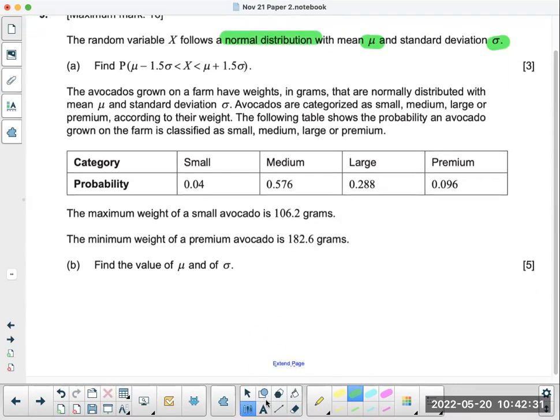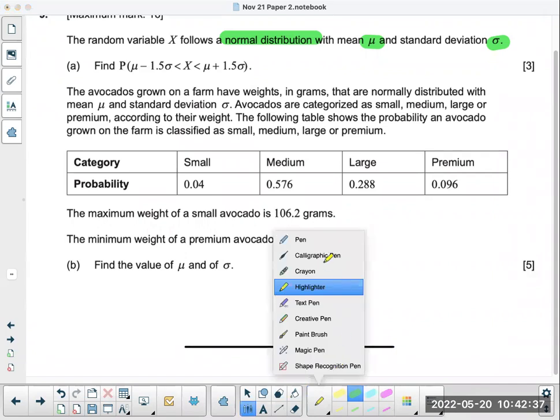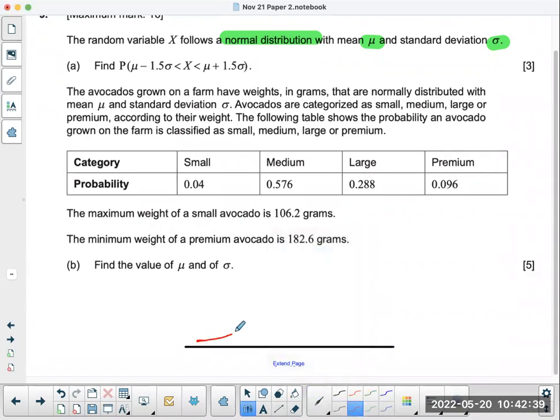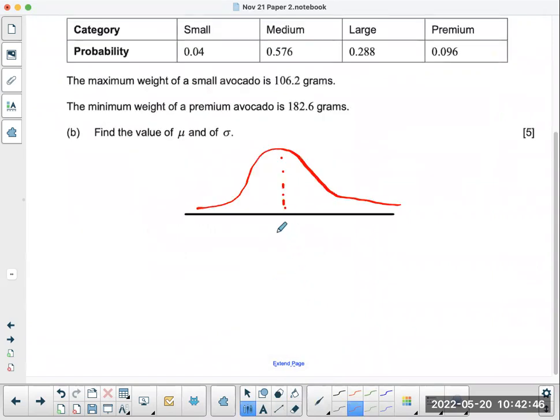If you recognize it, basically what they're asking you here is, you have your normal distribution here. You have your mean in the middle. And then they want mean plus 1.5 standard deviation and mean minus 1.5 standard deviation.